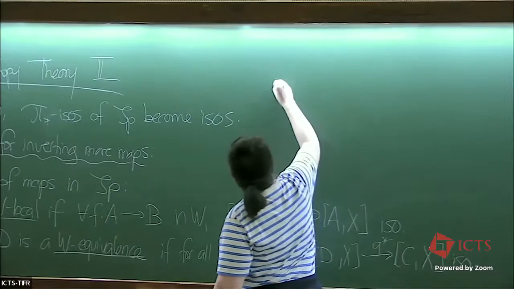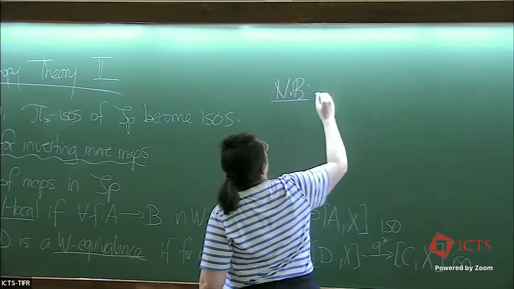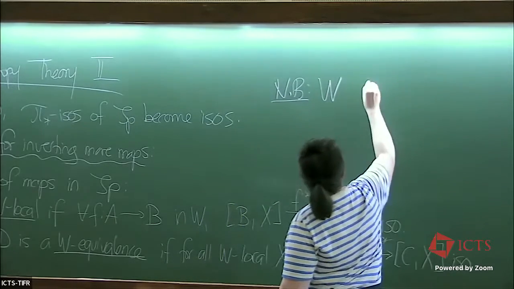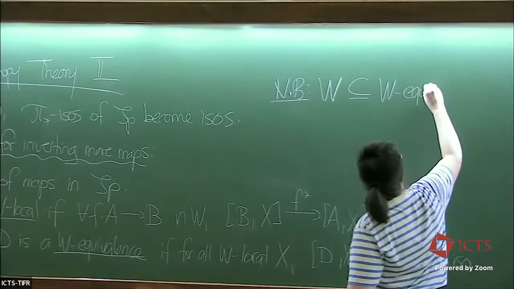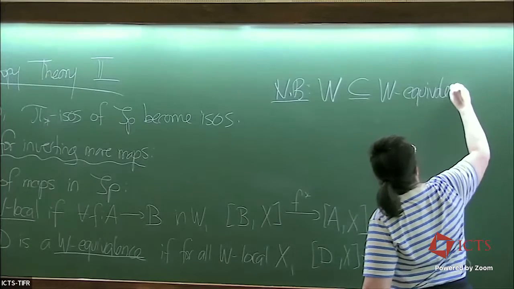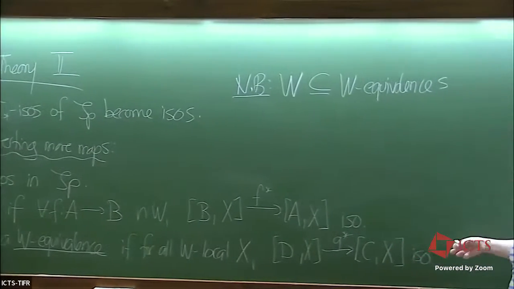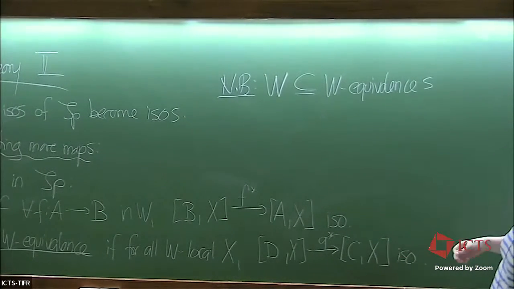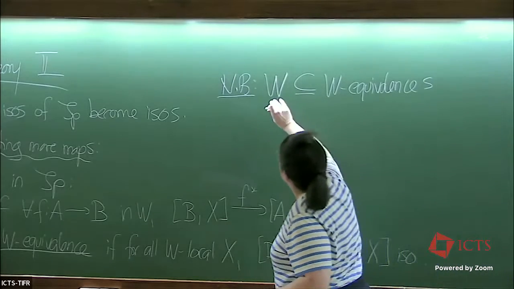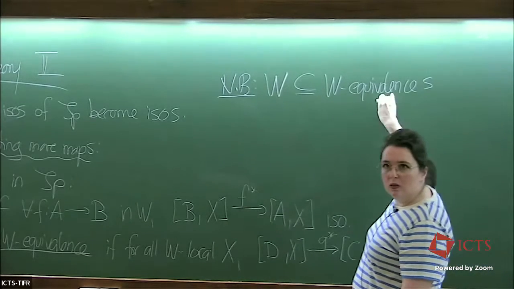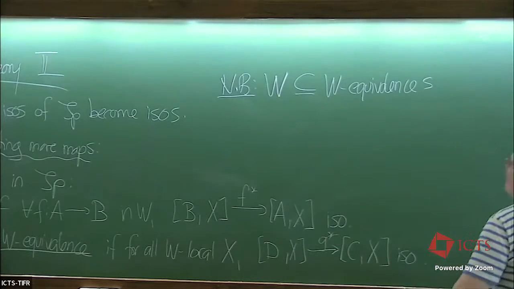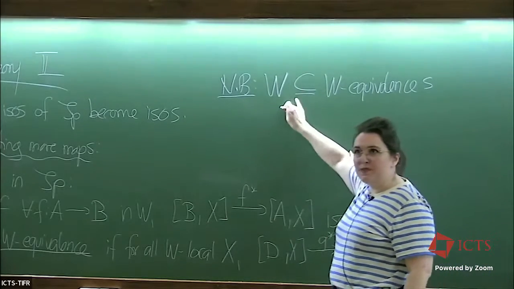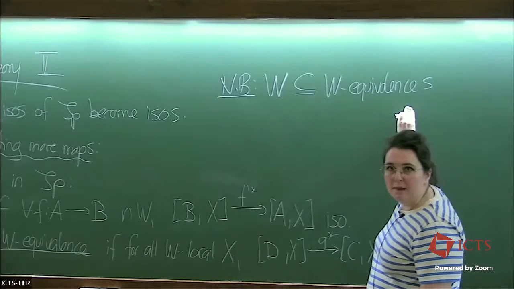So it is to note that W lies inside the W equivalences, because by definition, you can just see that. But in most cases, you make more. Well, you don't really know just from looking at that, but believe me, in most cases, you start with something and then you make some more maps.